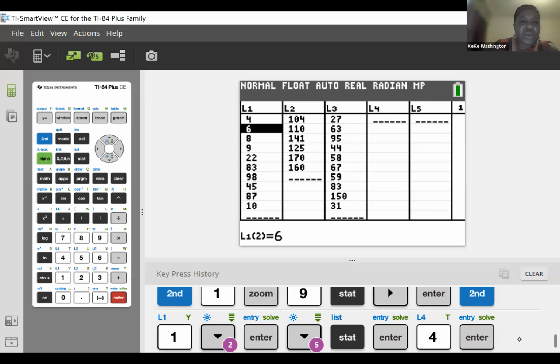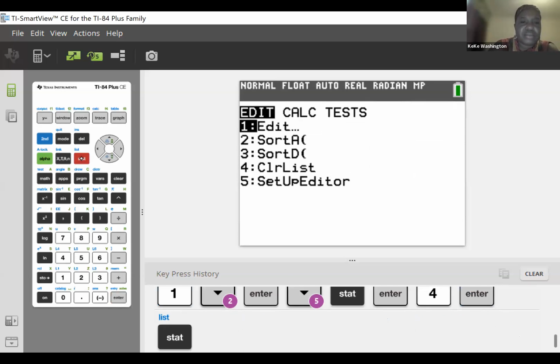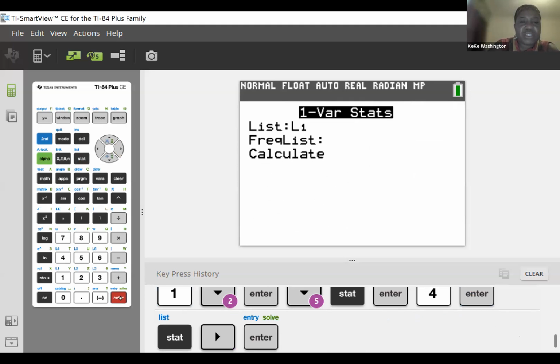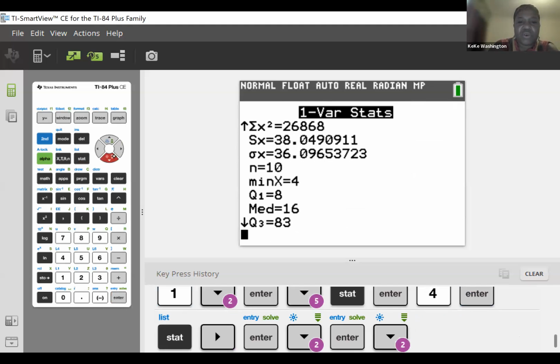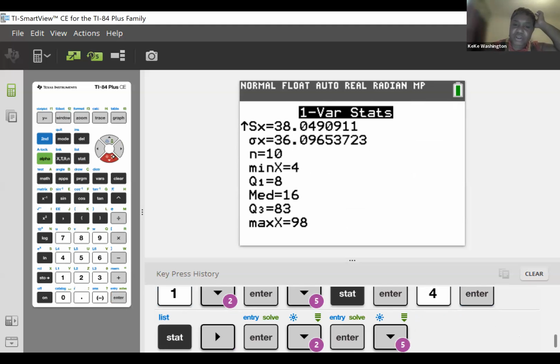So we went to stat, calculate, press enter on one variable statistics, calculate, and if you scroll down, there's where your 5-number summary, your median, etc. is located. So it's under the one var stats? Correct. Okay, thank you.